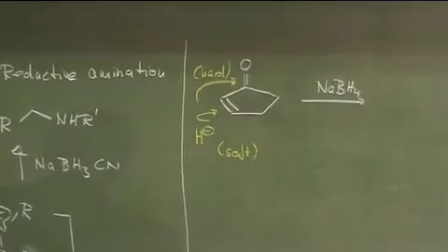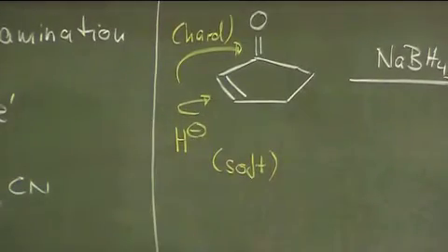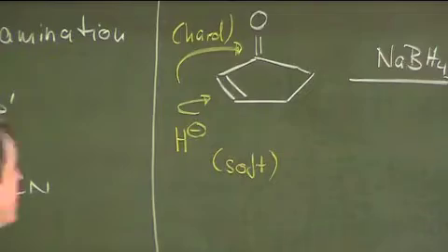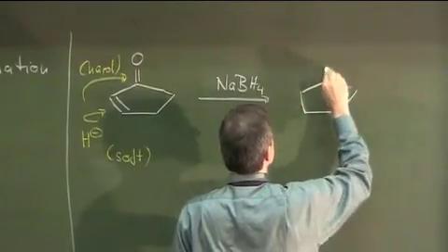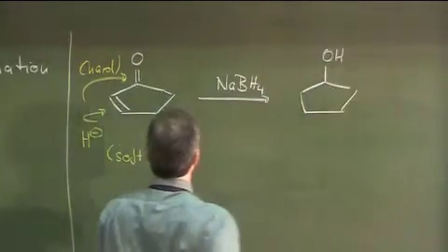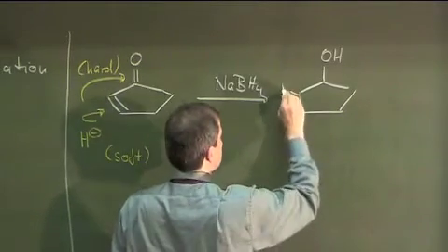Now, interestingly enough, with sodium borohydride, apparently the reduction on the double bond occurs very rapidly, so that you will, in the end, get as a product not only the alcohol you might expect here, but you also get the reduction of the double bond.